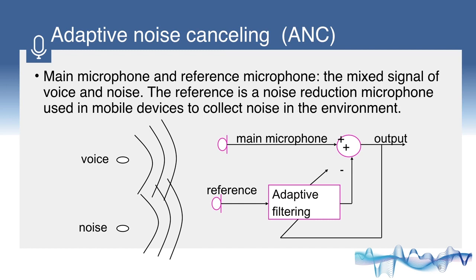In most cases, prior knowledge such as noise or pure speech cannot be obtained, which greatly limits the application of adaptive filtering methods. However, this method has a wide range of noise reduction applications in mobile phone calls. Usually, a noise reduction microphone is used in a mobile phone to collect noise in the environment, which is used as a reference input to achieve noise reduction.